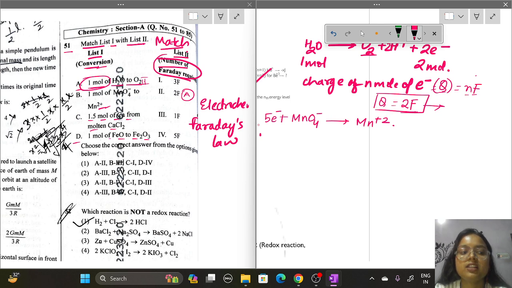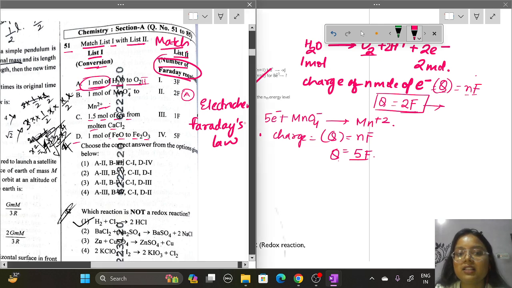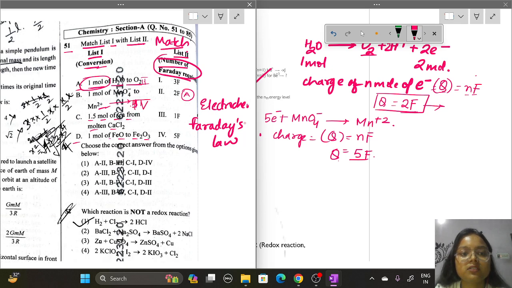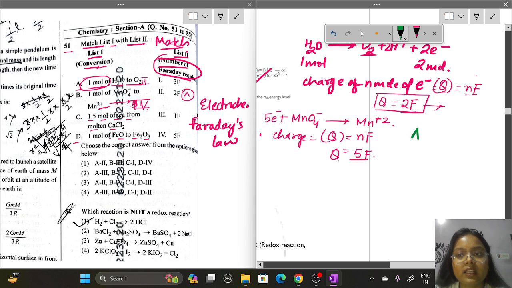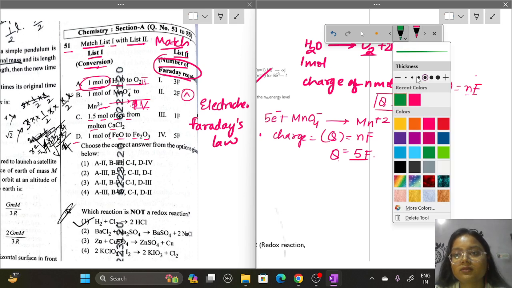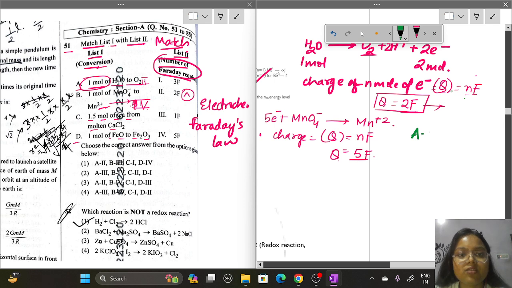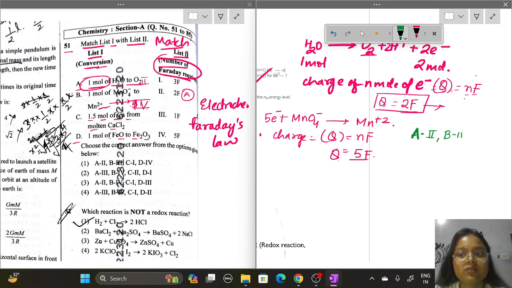The charge will be calculated by nF, so n here is 5 because 5 electrons are involved, and it is F. So for Mn, the number of Faradays required will be 5F, which means option number 4. I am writing it here. For A it is option 2. For B it is option 4.